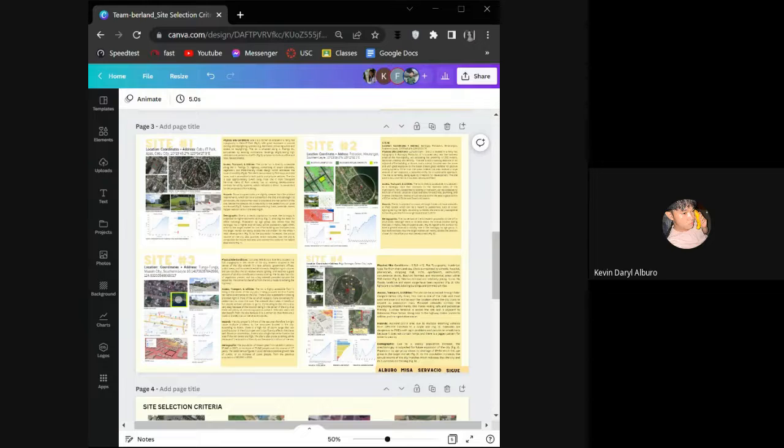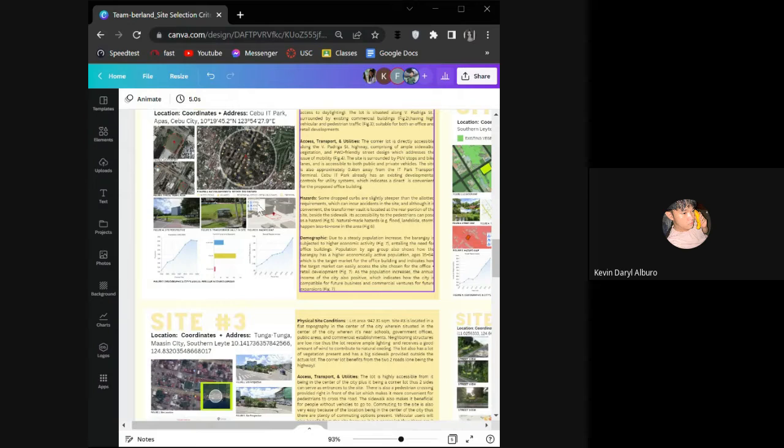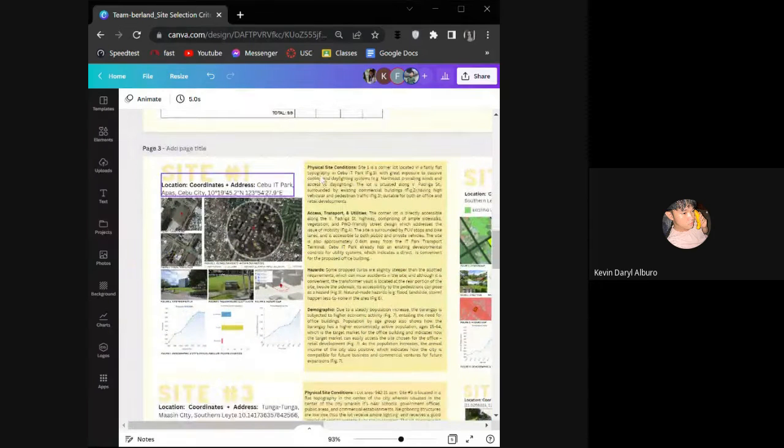Site 1 is located in IT Park in Apas, Lahug. Basically the physical site is okay since it is located in a fairly flat topography, in an urbanized area. For access and transport, it's accessible and the traffic there is fine.